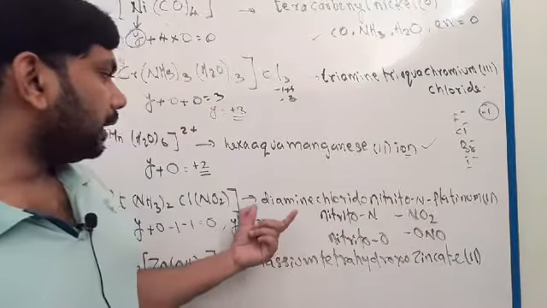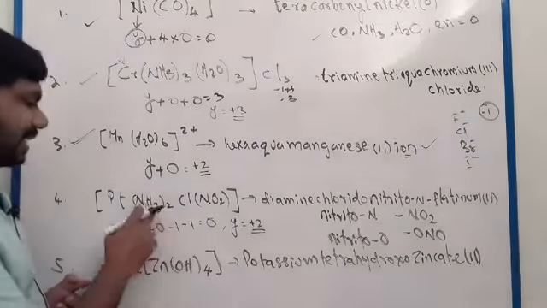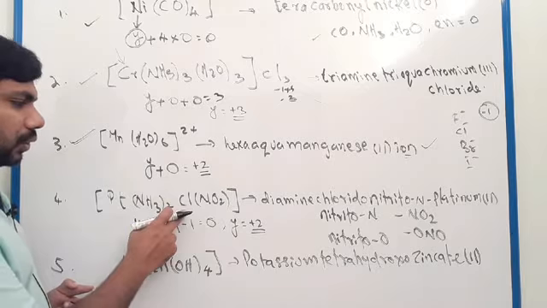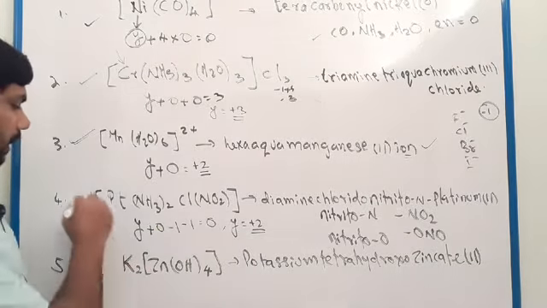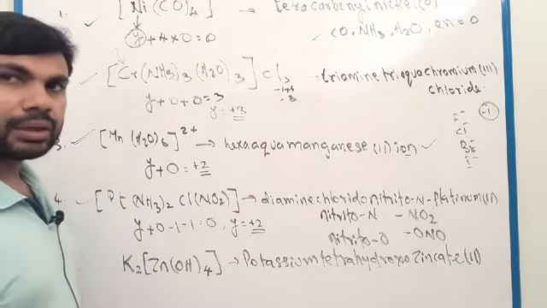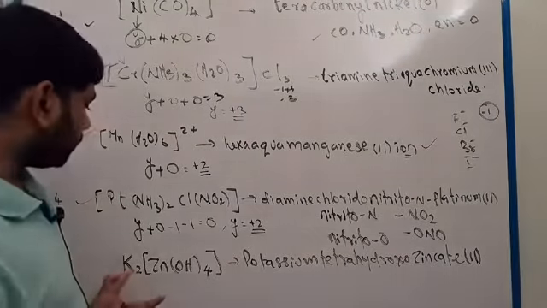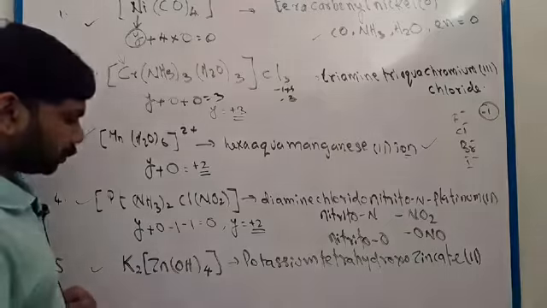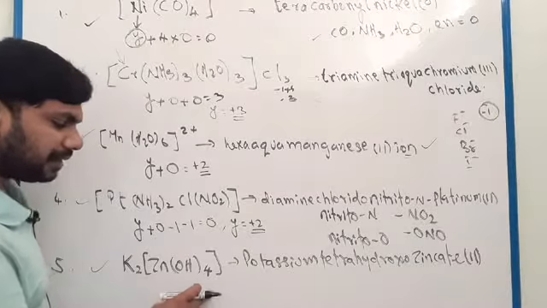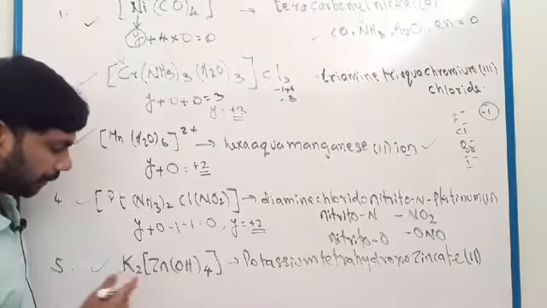Clear? So the name of this coordination compound is diammine chlorido nitrito-N platinum(II). This is the name of this coordination compound. Clear? Here is the last example. Look here, to name this one we have two parts.